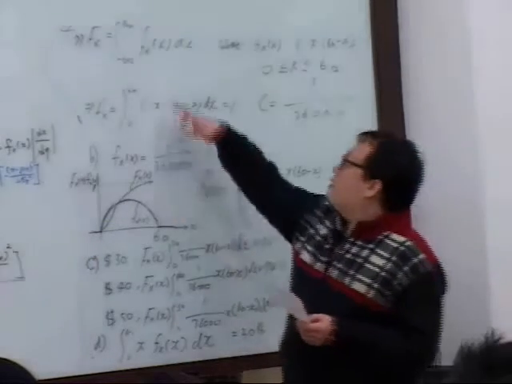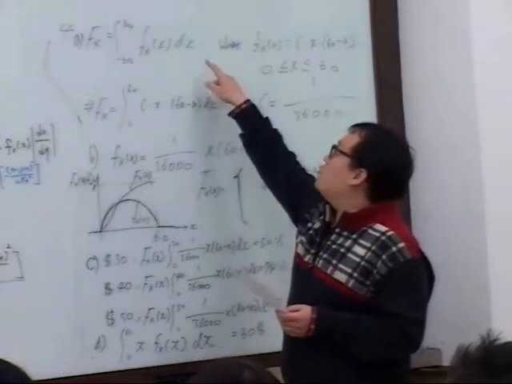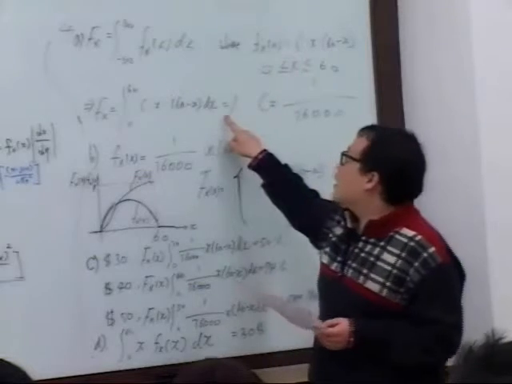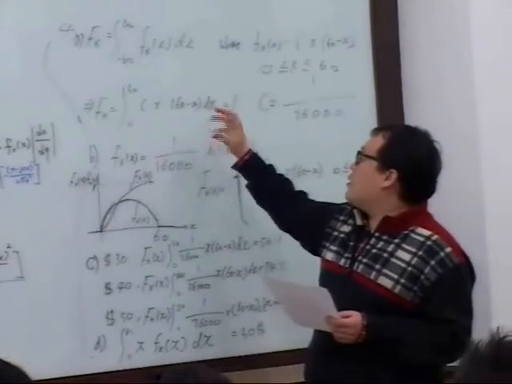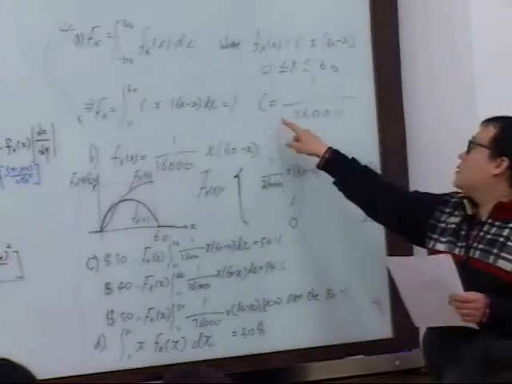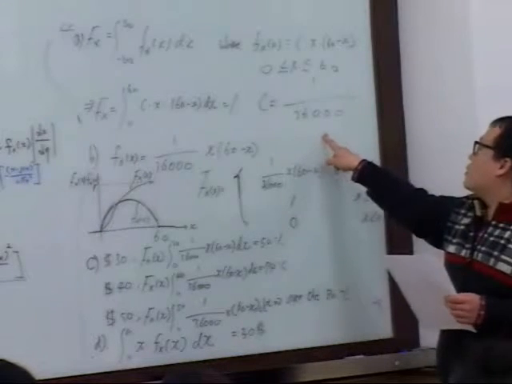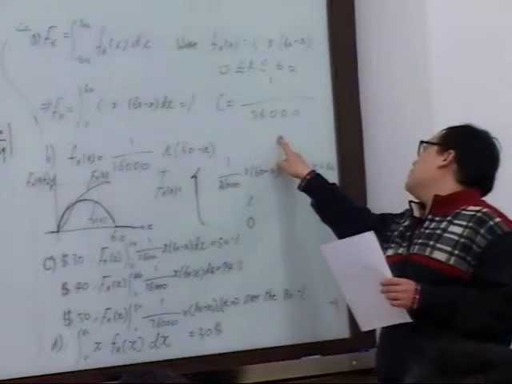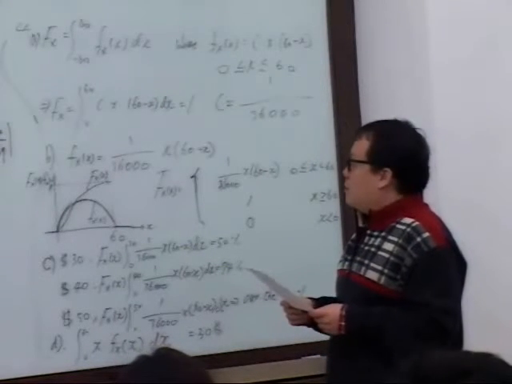When you integrate the PDF, you should get 1. So inversely, we calculate this combination, and finally we get the value of C, 1/36,000.